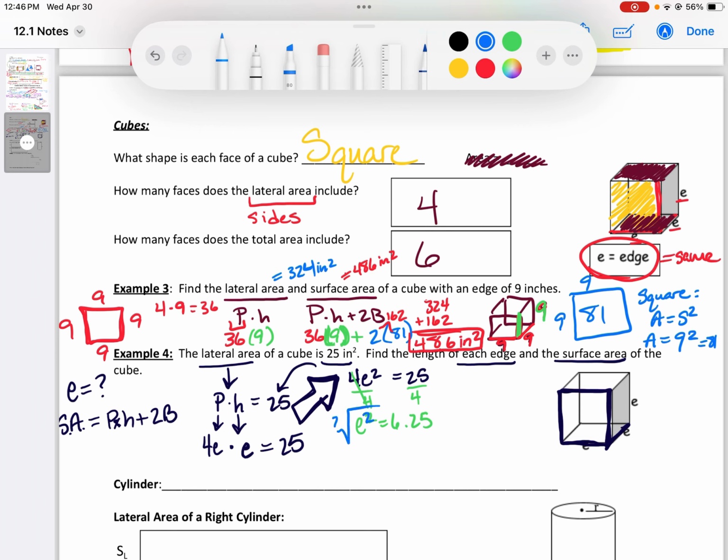Next thing I want to do is get rid of this exponent of 2. Powers and roots work against each other. So those cancel. E equals the square root of 6.25, which is 2.5. That is my first answer. It shows me that all of these sides of this square are 2.5. Every one of them is 2.5.